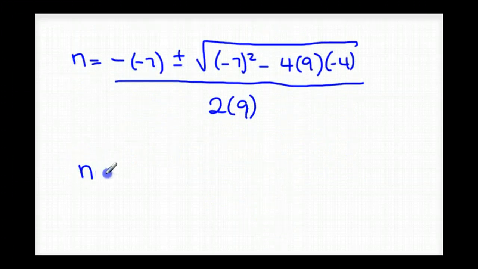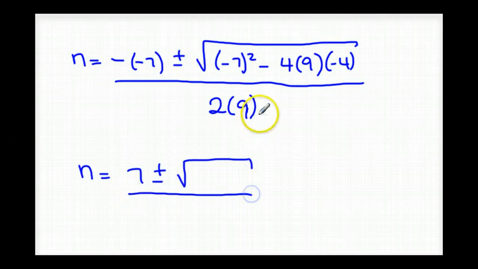This becomes n equals 7 plus or minus the square root of some number over 2 times 9, which is 18.